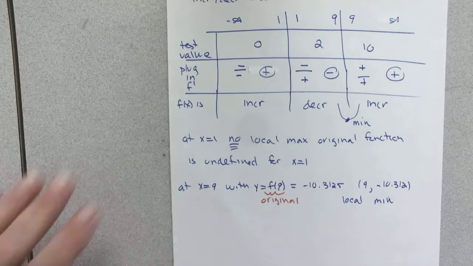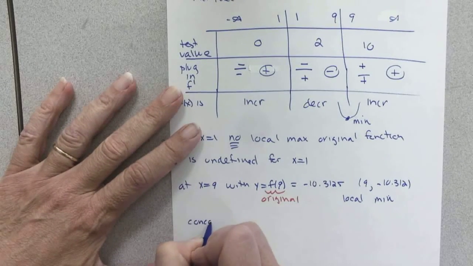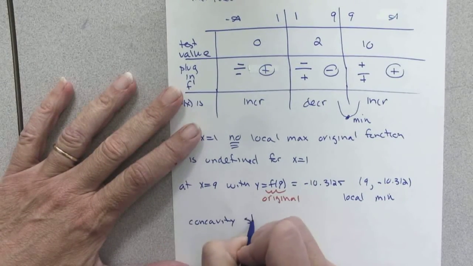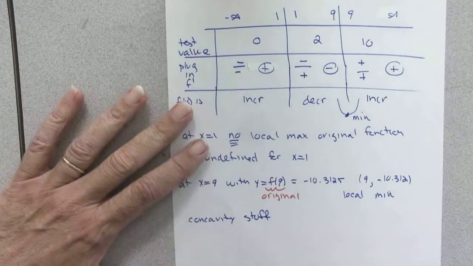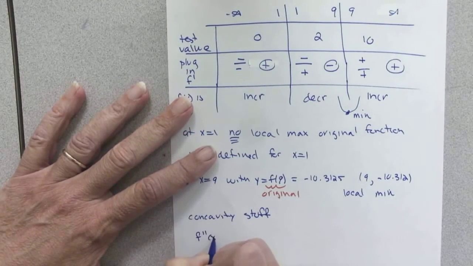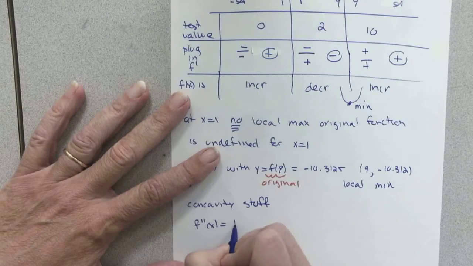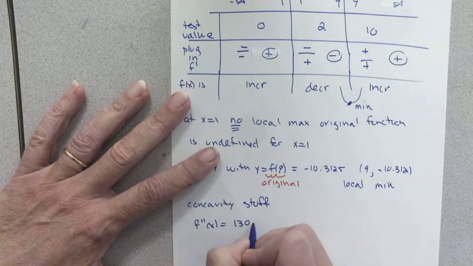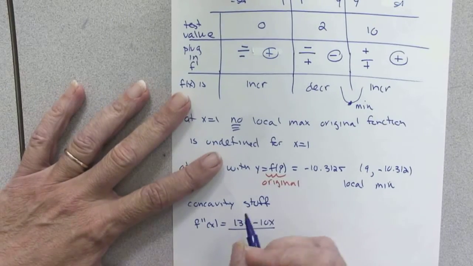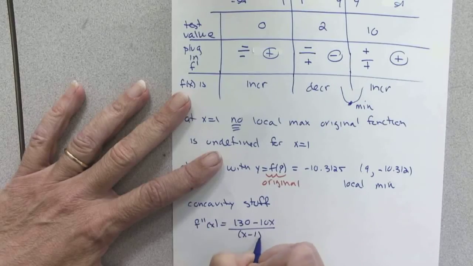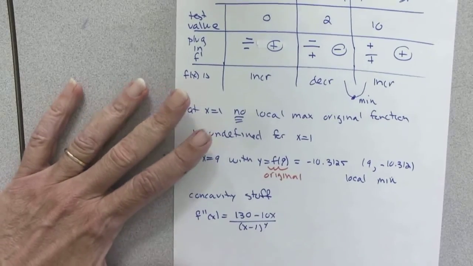Now I can move on to my concavity stuff. Concavity stuff is the second derivative. And we were given the second derivative as 130 minus 10x divided by x minus 1, quantity to the 4th.